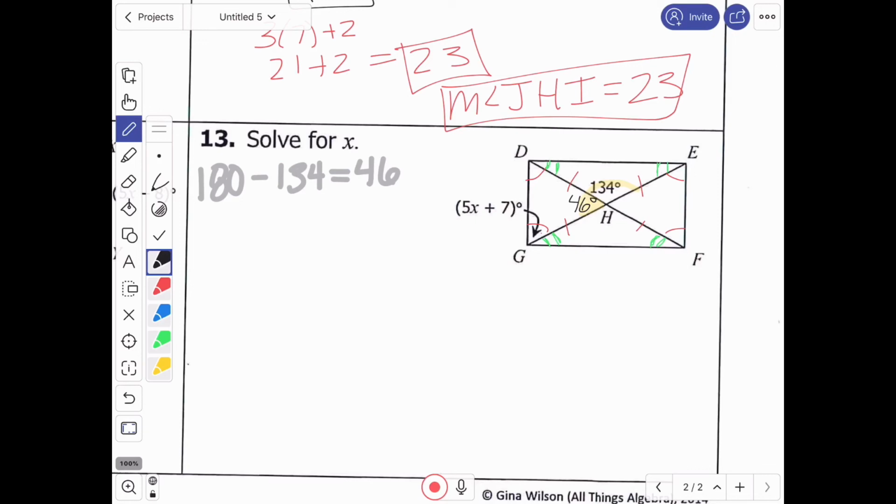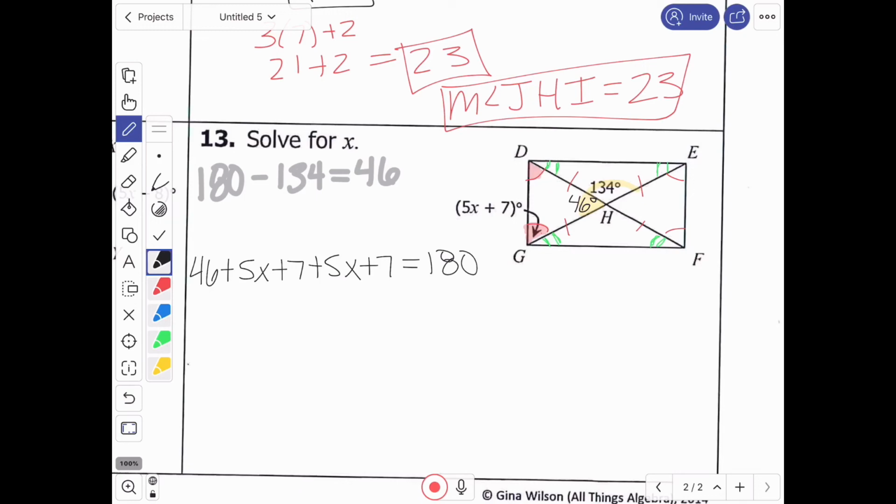Now I can start, because I know this angle and this angle are the same thing in the isosceles triangle. I also know that all the angles inside a triangle add up to 180. So if I take 46 plus 5x plus 7, so this angle plus this angle, plus this other third angle, which I know is 5x plus 7 again, they should equal 180.